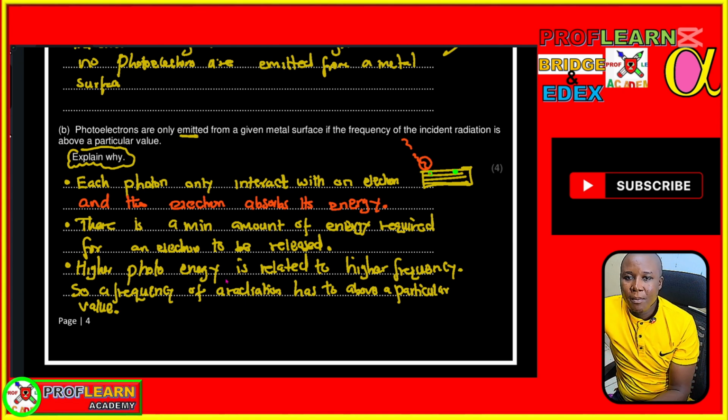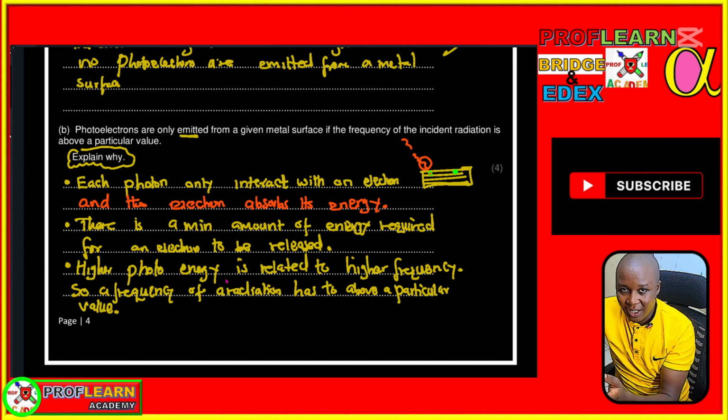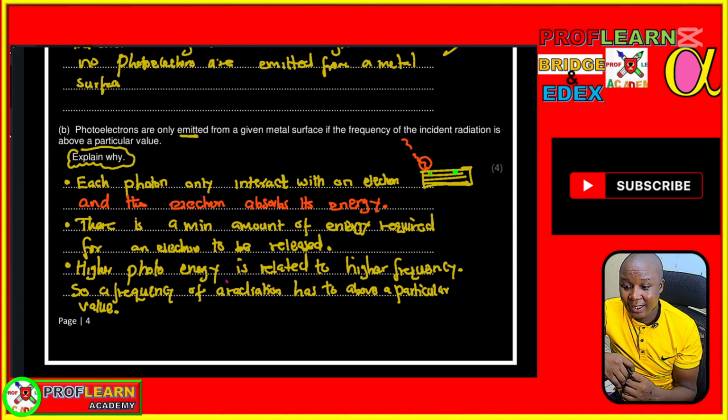There is a minimum amount of energy required to be absorbed for the electron to be dislodged from the metal surface. So if the energy is not enough, then that photon will not be absorbed by that electron.